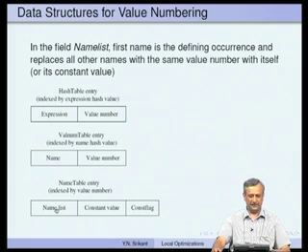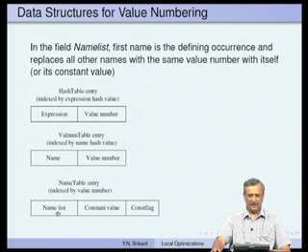But what is this list here? In the field name list, the first name in the list is always the defining occurrence of that particular name, and it replaces all other names with the same value number with itself, or its constant value.